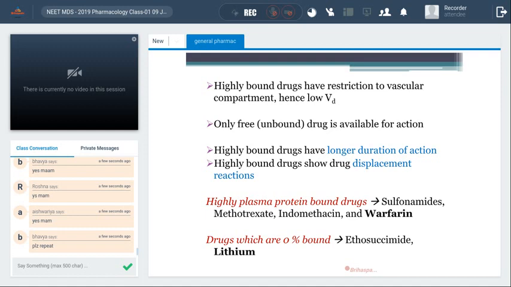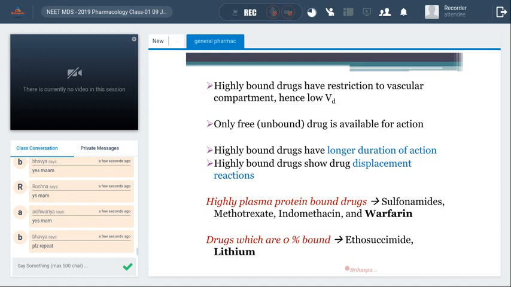Now, as I've already told you, it is the free form which is there for action and not the bound form. Once the free form is over, the bound form slowly will release the drug from the plasma protein. Highly bound drugs have restriction to the vascular compartment, which means highly plasma protein bound drugs will remain more in the blood only because they have more binding to plasma protein.